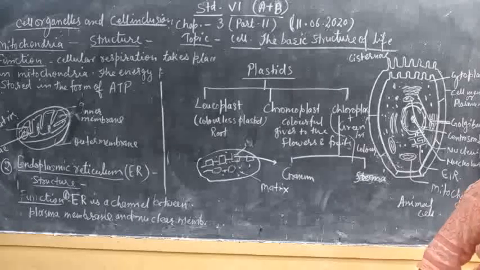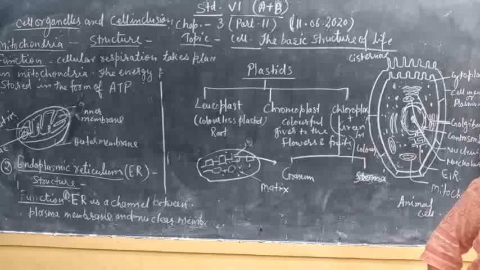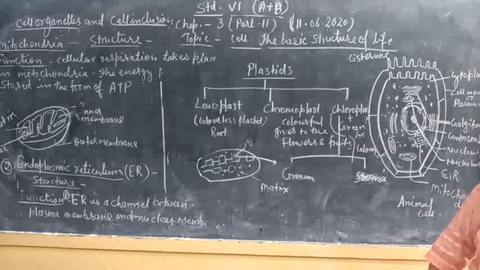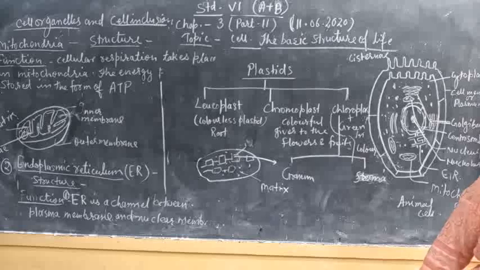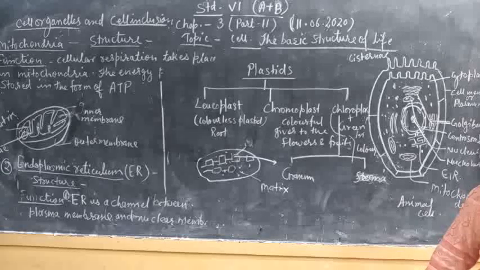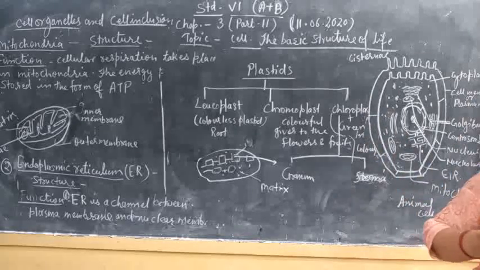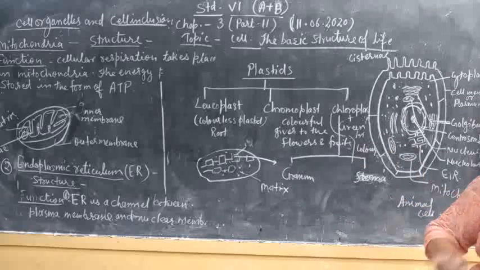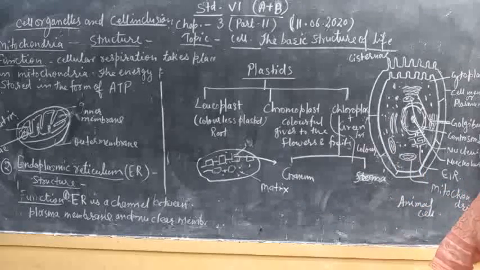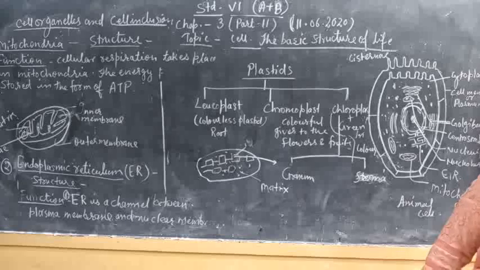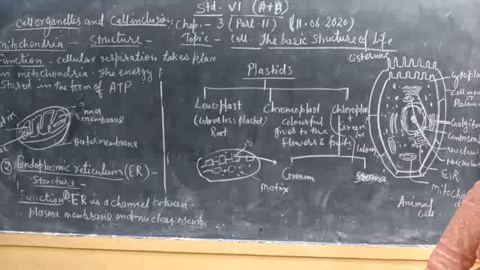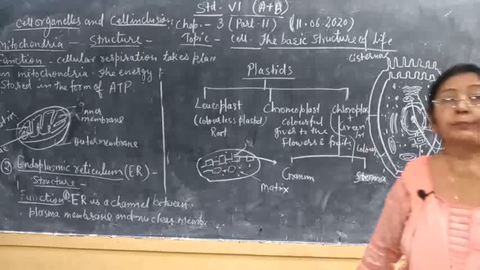In plant cells, vacuoles are very large, but in animal cells they are present in small size. Function: vacuoles store excess water, pigment and waste products. They maintain the turgidity of the cell and keep it in shape.